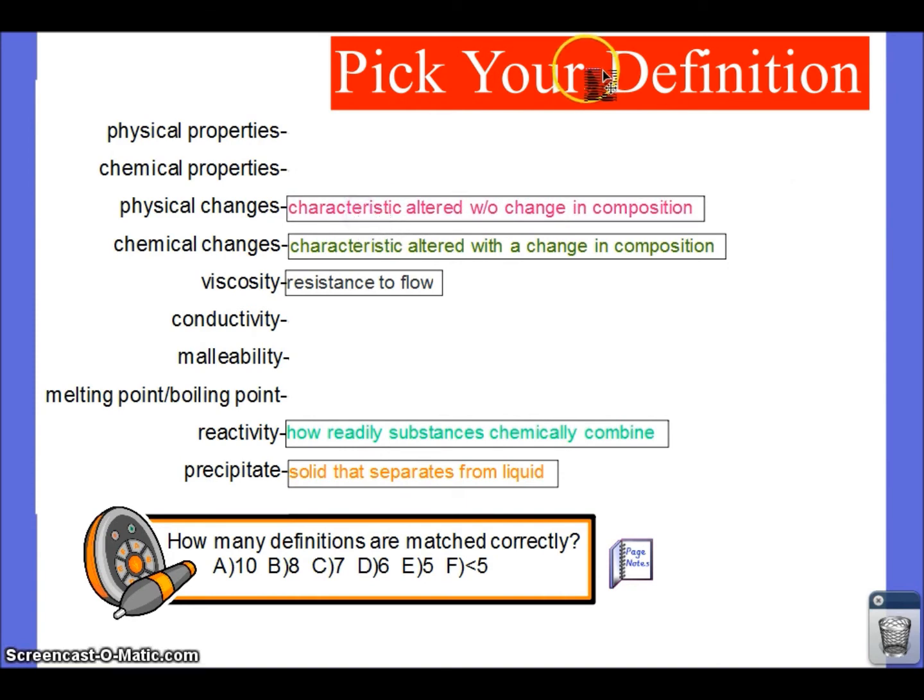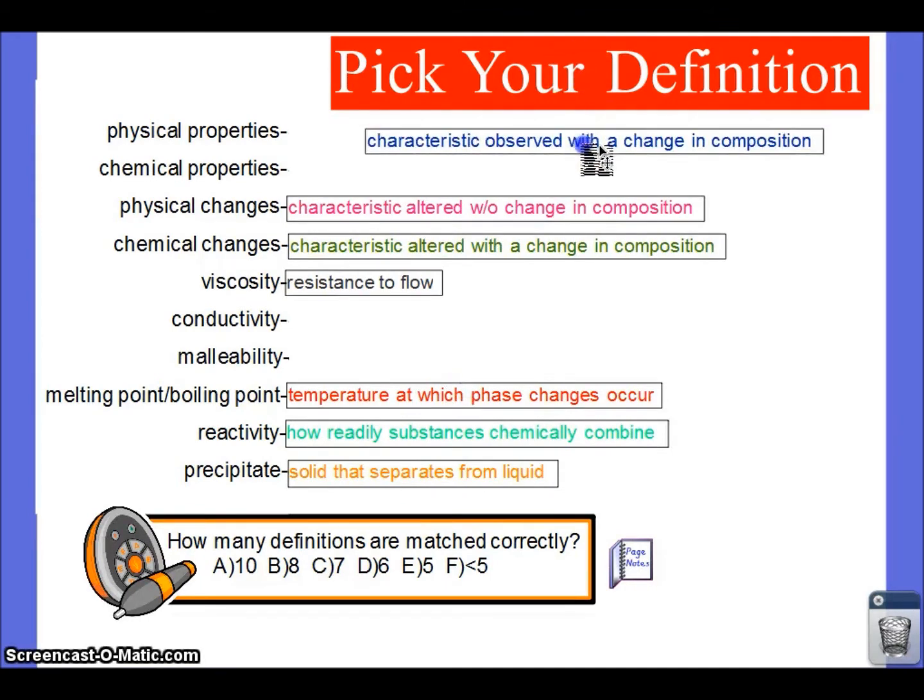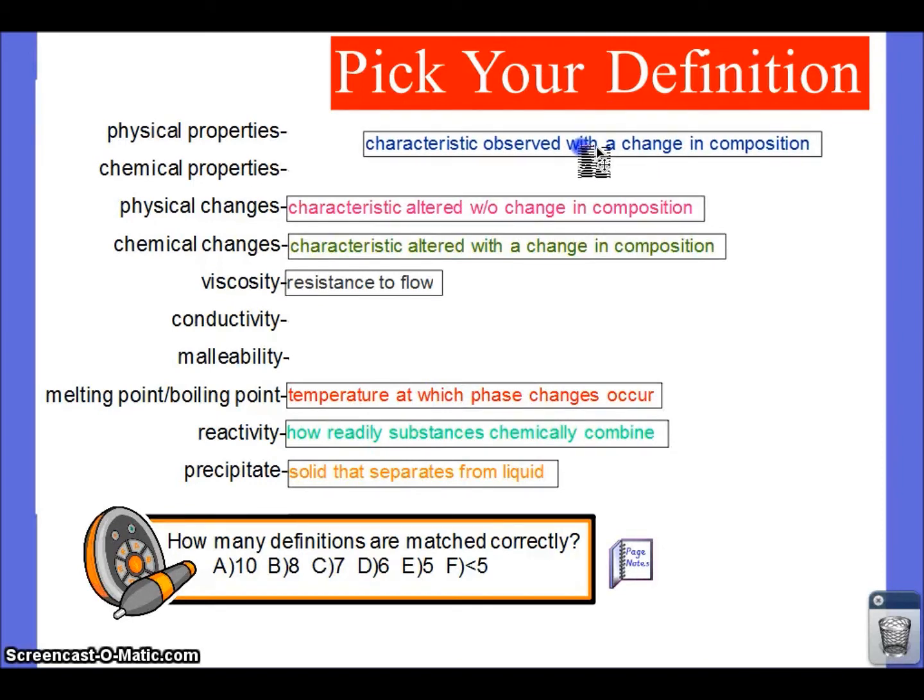Okay, usually a change in state, temperature at which phase changes occur. It is melting from solid to liquid and boiling from liquid to gas. Okay, temperature at which phase changes occur. Let's see. Characteristic observed with a change in composition.